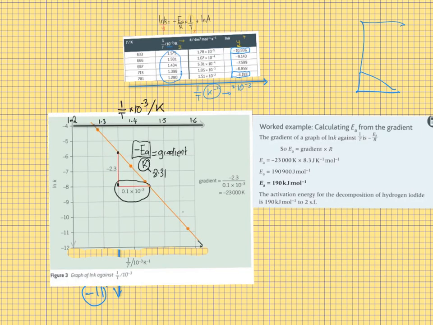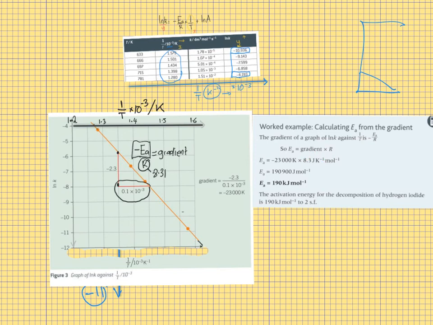So let's just go through that calculation again. The gradient, when you plot your graph of 1 over T against natural log of k, is minus activation energy over the gas constant. Rearrange this equation, so EA equals gradient times the gas constant.